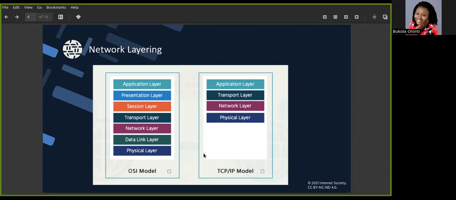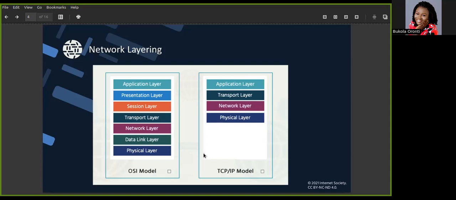The equipment usually used at the physical layer are, for example, the hub and the repeaters. So it's the physical medium through which data is transferred from one local device to a remote device.